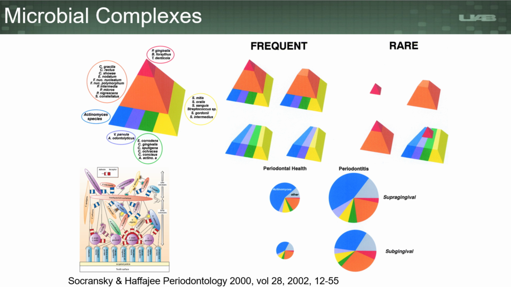They are the orange or the yellow, green, blue, and purple complexes of mostly gram-positive bacteria that are able to attach to the tooth surface. The bacteria that are more implicated in the pathogenesis of periodontitis are the orange and red complex bacteria, but they have a hard time sticking to a tooth surface. So they don't really attach unless there's a substrate provided by these early colonizers.